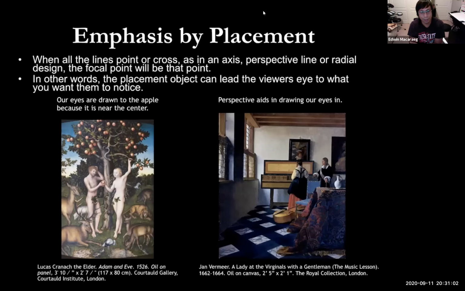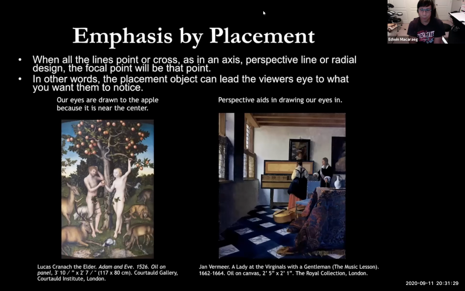And if you look at the tree, of course, the very important tree in the story of Adam and Eve, it is creating almost a division within the overall composition, making an axis. And right within that space, we see the apple, which is, of course, the focal point of the overall composition.